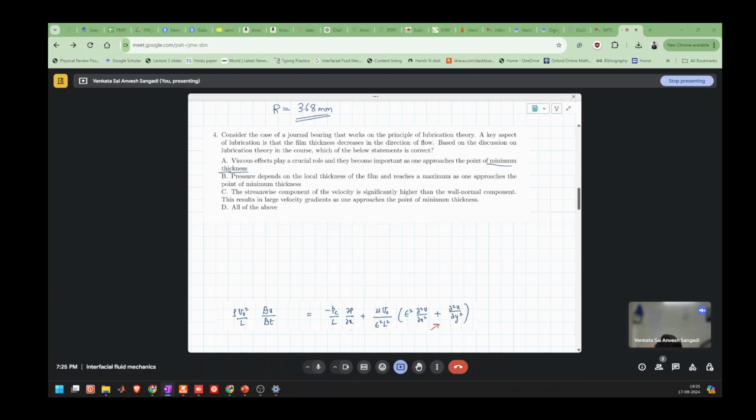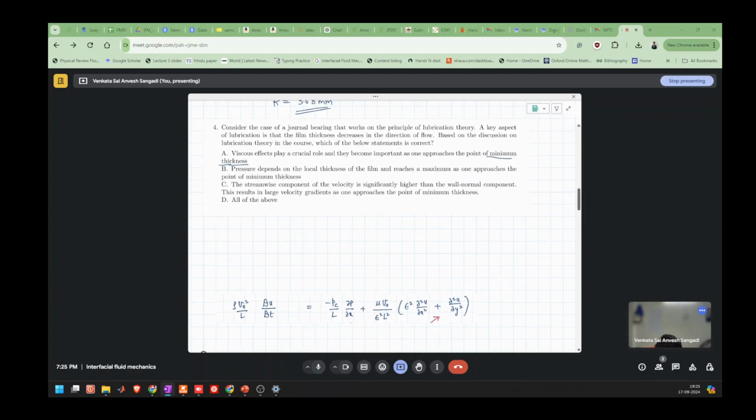So, the point of minimum thickness, if we work it out, epsilon, which is equal to h naught by L, goes to 0. That is, h naught goes to 0, which is the minimum thickness. This simply implies epsilon goes to 0.